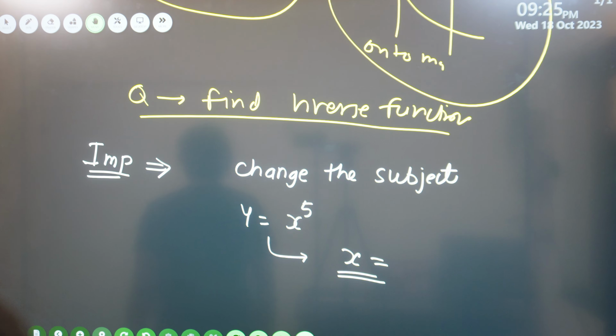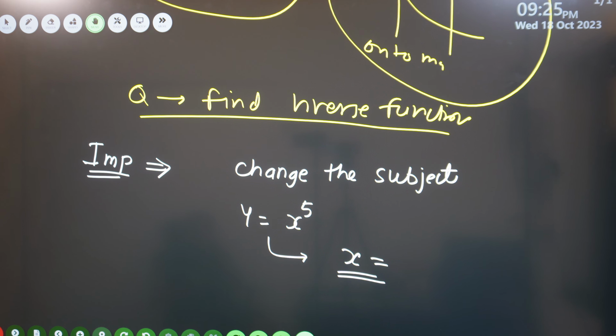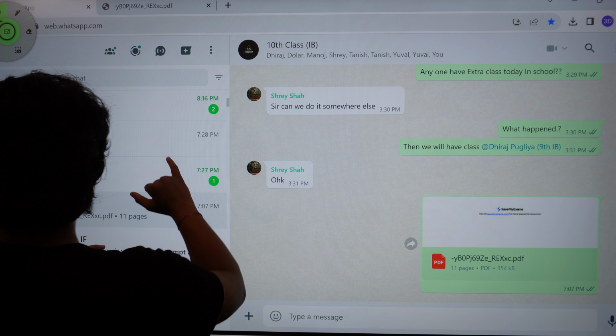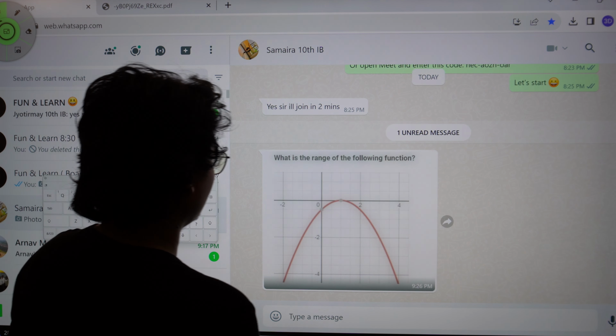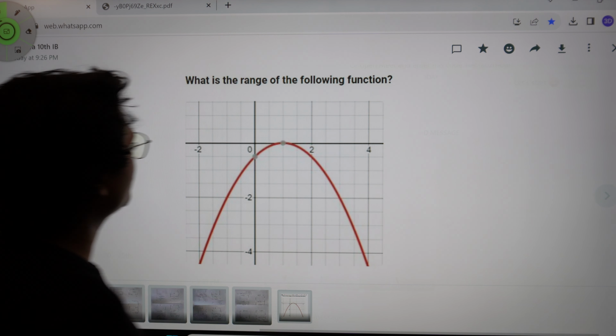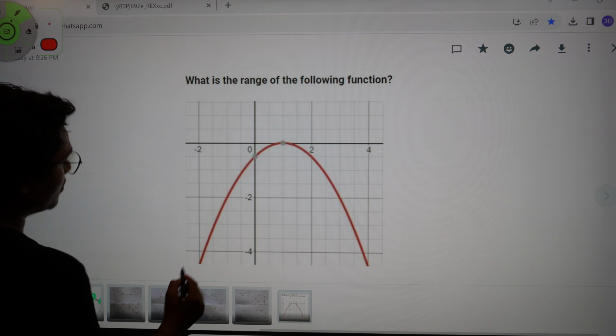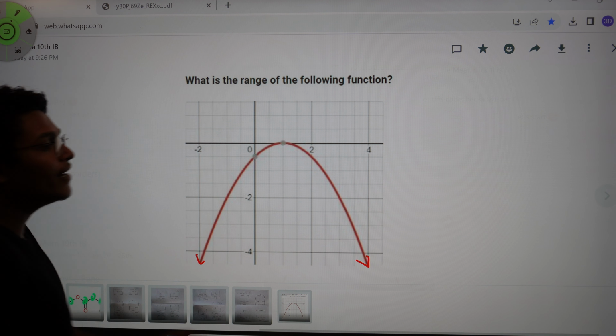I'm just finding it. Okay. This is the question. Is it continuous? Yeah. We will assume it is continuous.